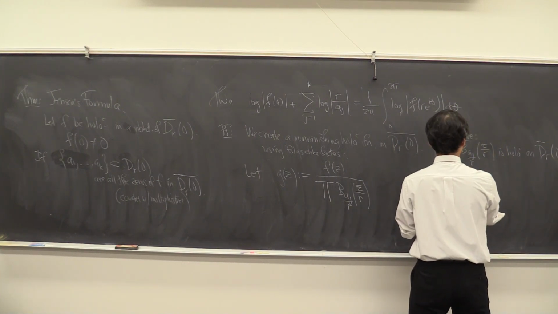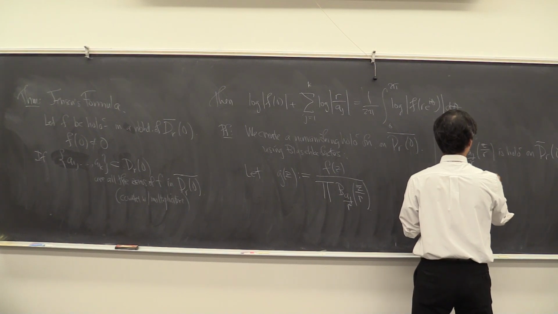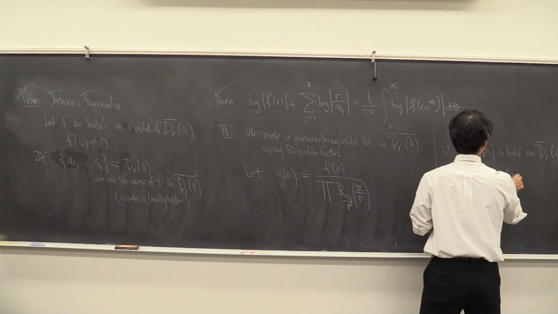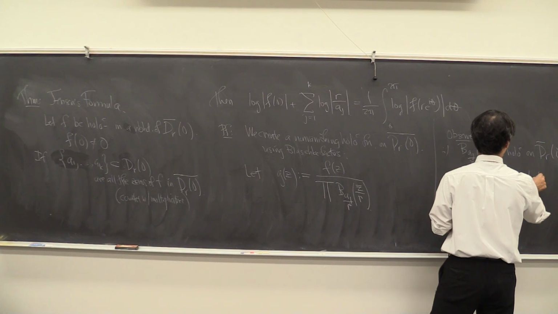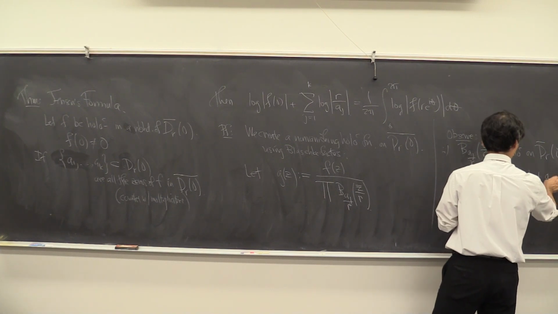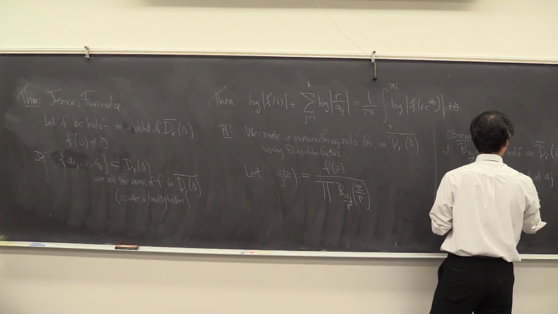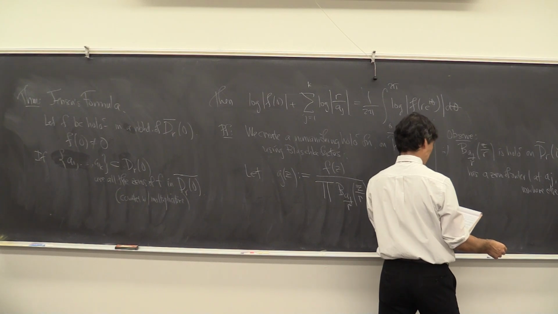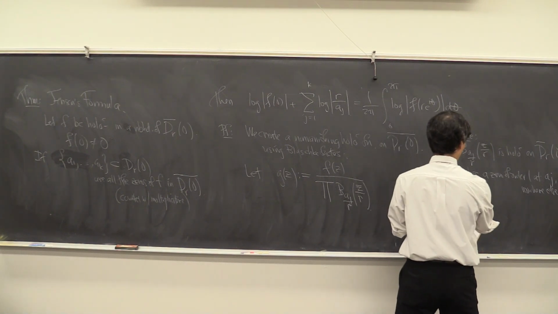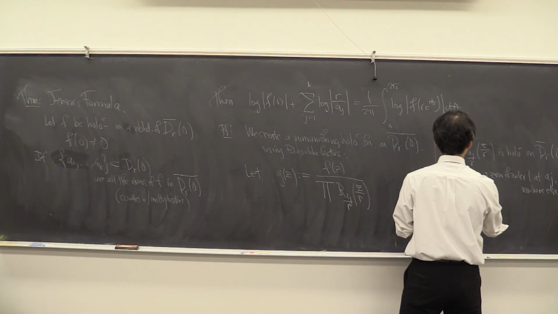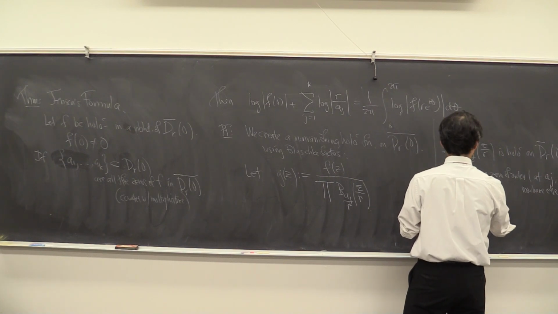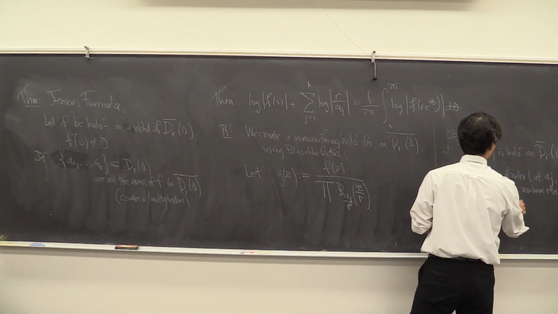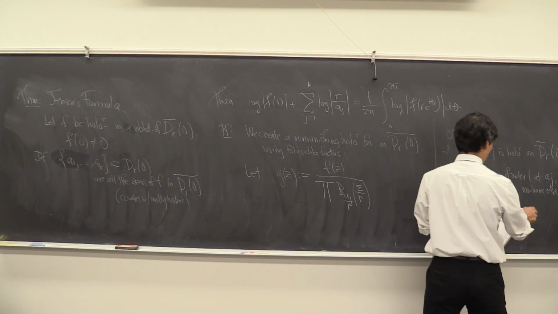It has a 0 of order 1 at aj and nowhere else. And so g is a non-vanishing holomorphic function on the disk.